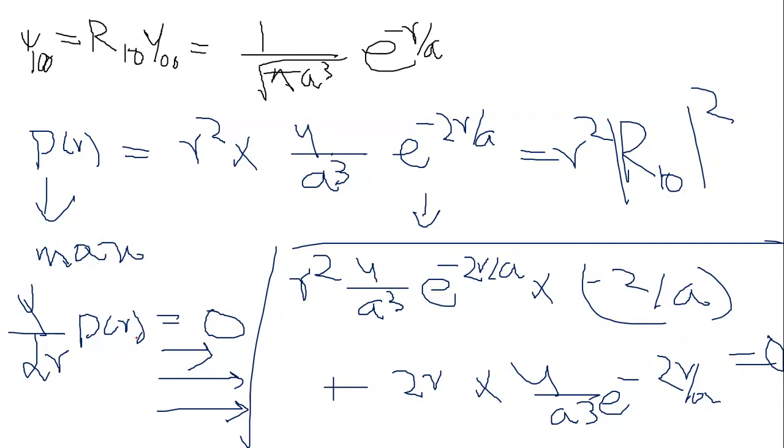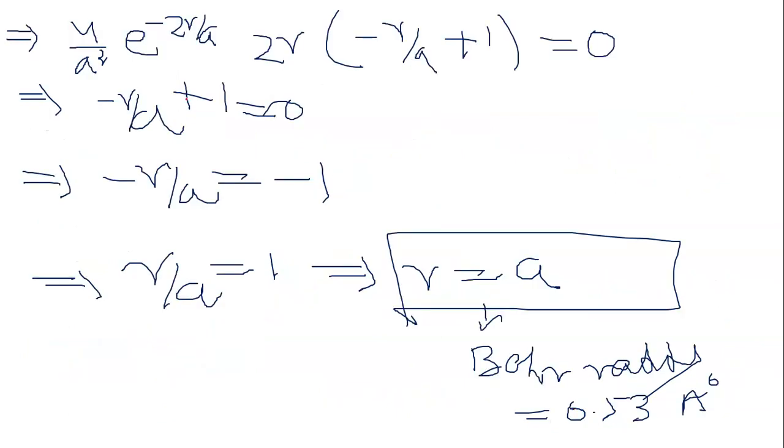When we take the derivative and equate it to 0, the derivative will be r squared into 4 by a cubed e to the power minus 2r by a into minus 2 by a, plus 2r into 4 by a cubed e to the power minus 2r by a, which equals 0. Then by taking the second term common, it will give 1 minus r by a equals 0. So r by a equals 1, or r equals a.